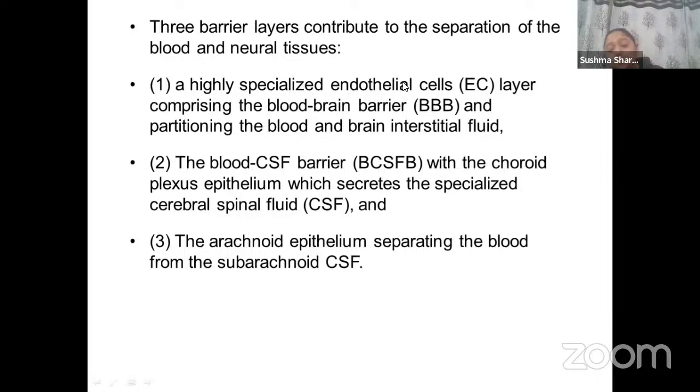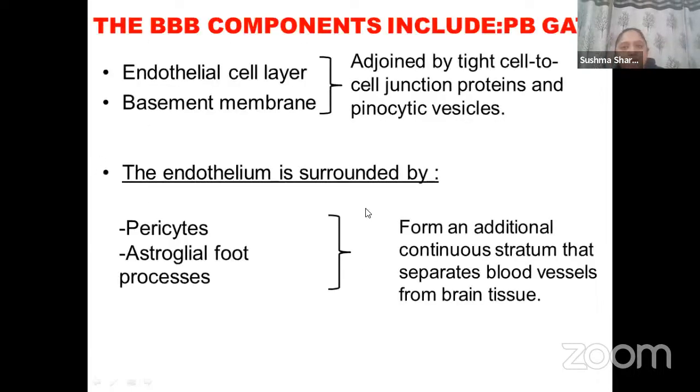First layer is the highly specialized endothelial cells. That is where the blood stops, in the blood and the CSF barrier and the arachnoid epithelium. Okay. Then again, I just want to rush through this because this is clearly a physiology topic. I've just included it for the sake of completion of CSF.